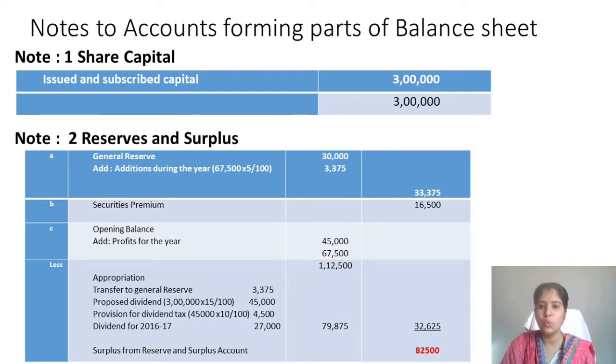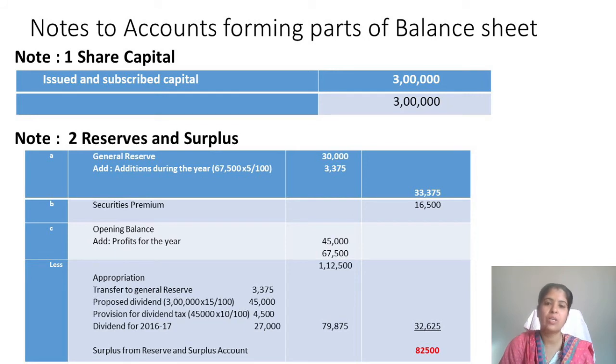Next, note number 2, which is related to the reserves and surplus account. General reserve, already in the trial balance, 30,000 is given. As per the additional information, we are supposed to transfer to general reserve 5% from the profits. Your profit is 67,500.